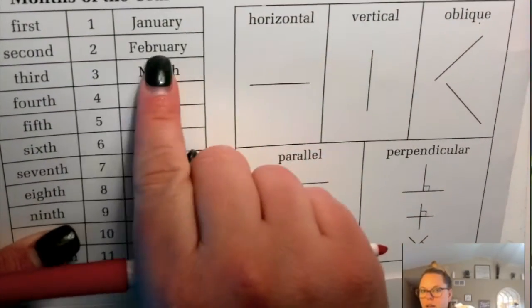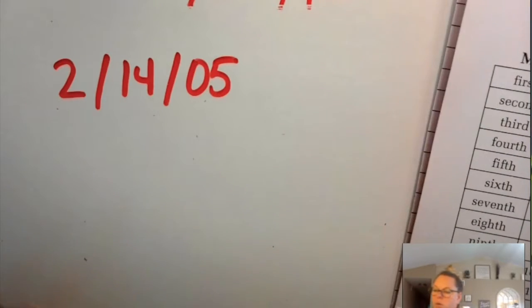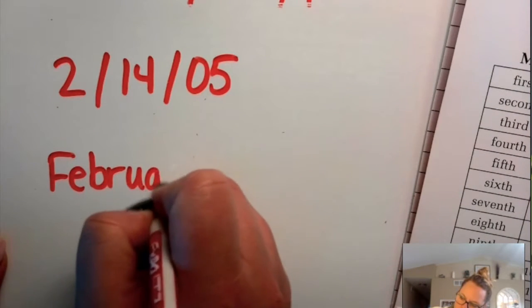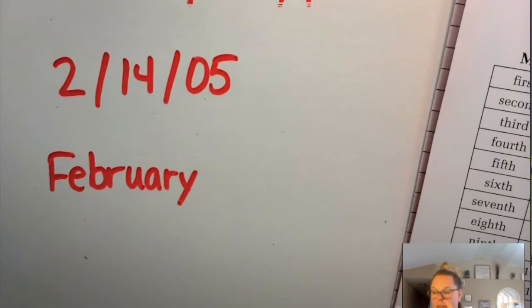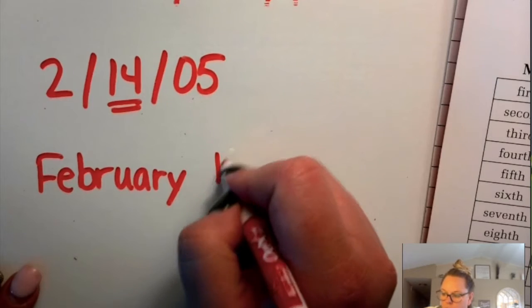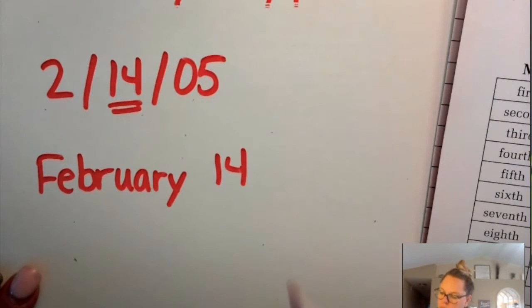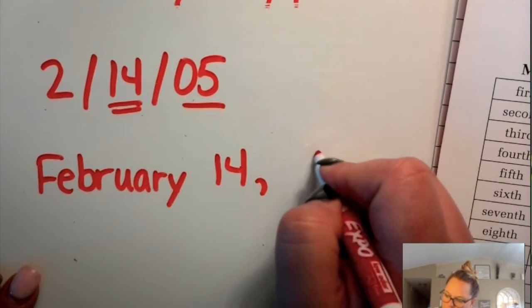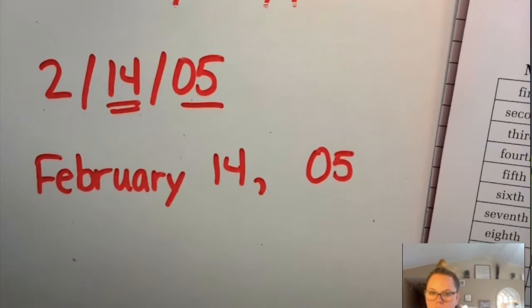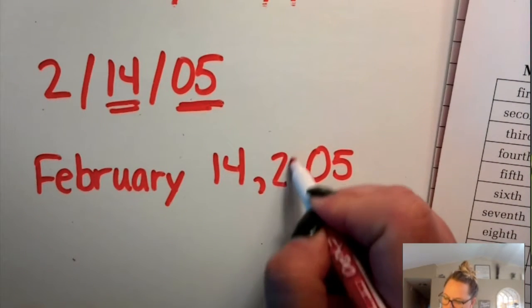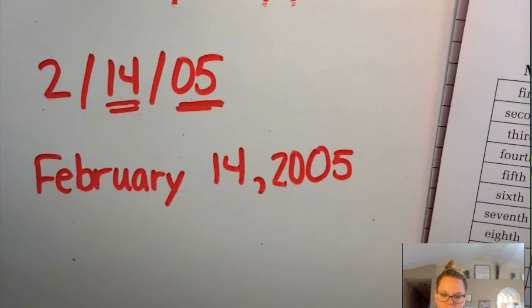First, second, February. So I need to write out February. Then, next is my date. It's the 14th, comma, and now all you see is 05. But I can't write 05. So remember that that's the year 2005.